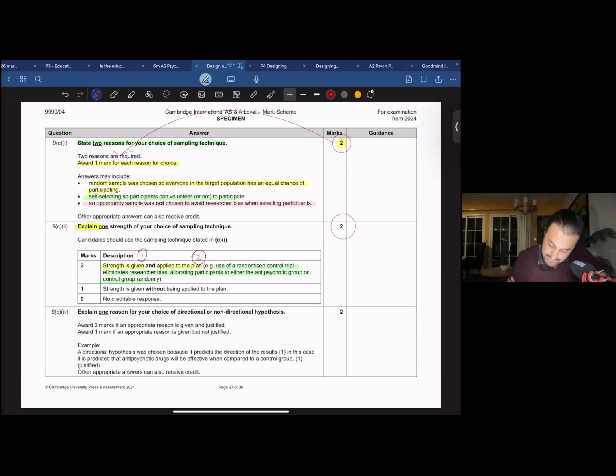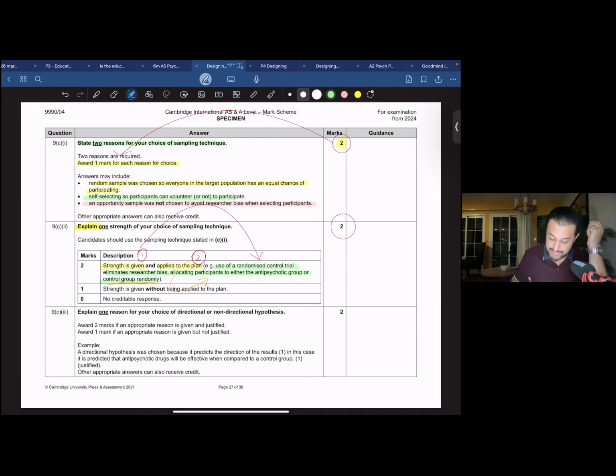This is the identification part, and this is the allocation part. Allocating participants to either the antipsychotic group or control group randomly. This is how you ensure that you're not missing out on a single mark.